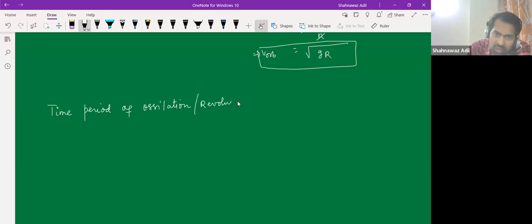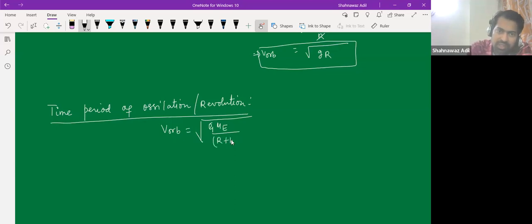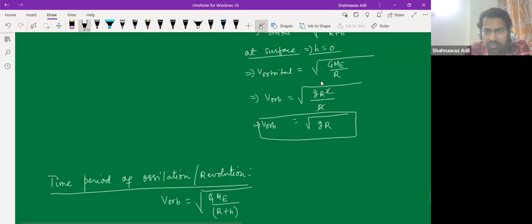How much time does the satellite take to cover one full rotation of the Earth? We know that v orbital is root of G M E by (r plus h). So this is the orbital velocity, right?